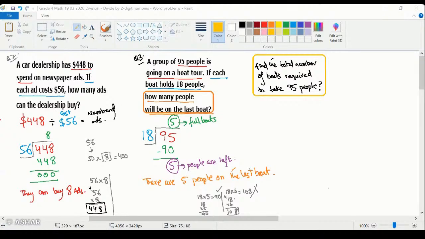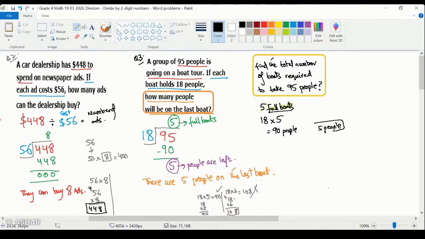Okay, what we can see is in the previous part we saw that there were 5 full boats, right? That means on 5 fully booked boats there were 18 people each, right? That means there were 90 people already adjusted on 5 boats, completely full boats. But what about the 5 people who were left?